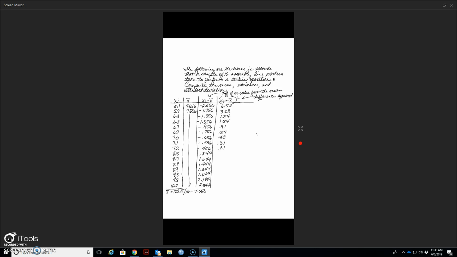I could have still kept it at 3. Okay, so once we get all of those squared, now we're going to add that column up.